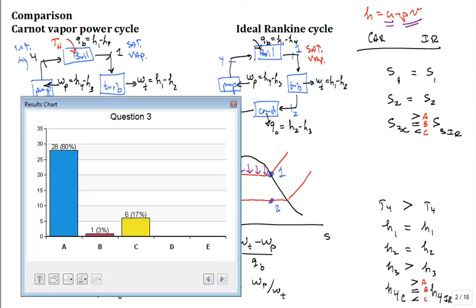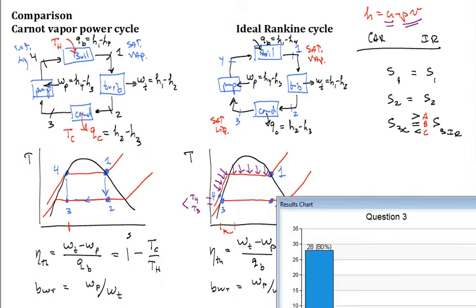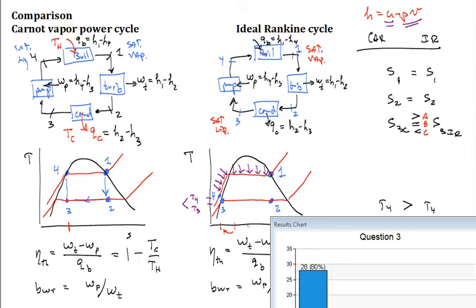Now let's see. Okay, so the entropy at state 3, S3 Carnot, is greater than S3 ideal Rankine, because that's where we stopped in the ideal Rankine, but now we go further. We throw away more heat. We condense it further in the condenser to come out of the condenser as saturated liquid.